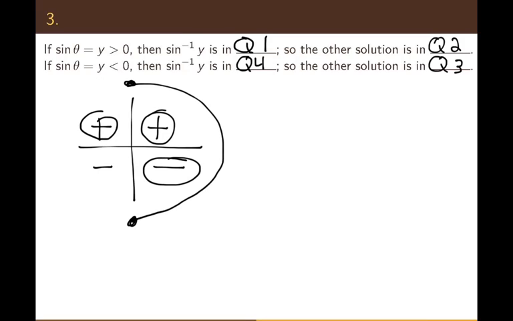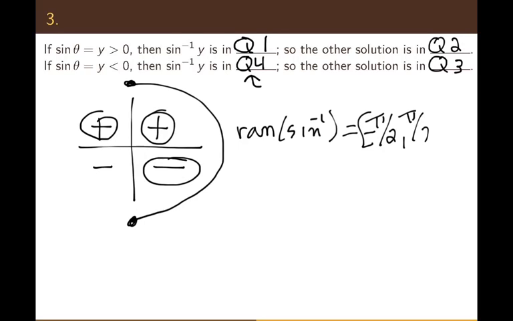Something I want to point out, though, is that because the range of sine inverse goes from negative pi over 2 to pi over 2, this quadrant 4 will have negative values in it. So you may have to add 2 pi to it to get a solution from 0 to 2 pi.